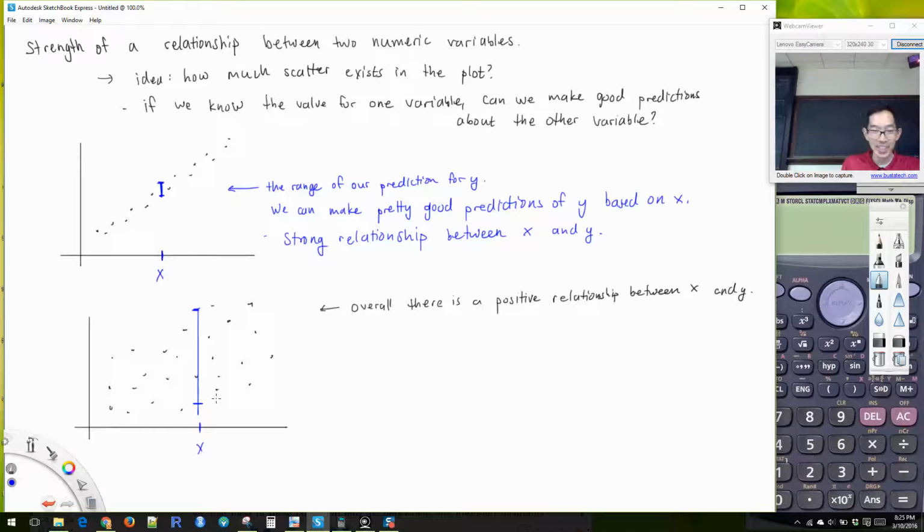Our range of possible y values is this large range of what y could be.